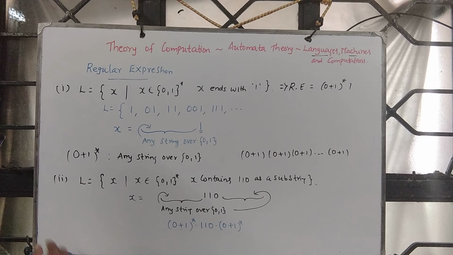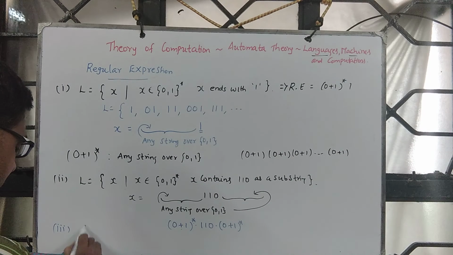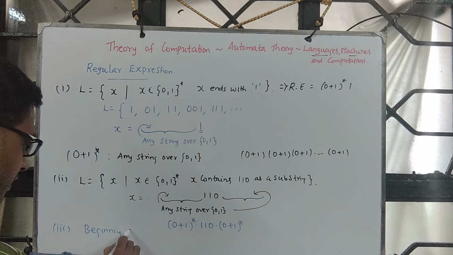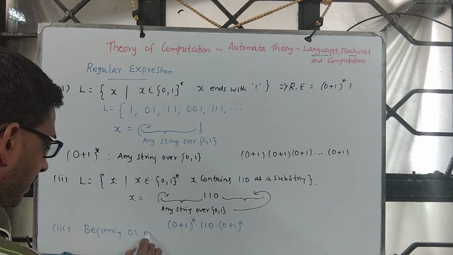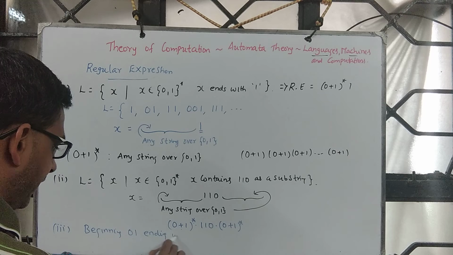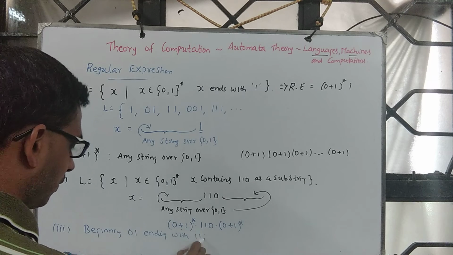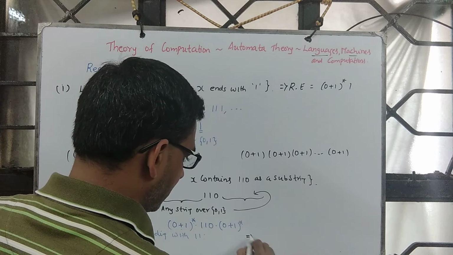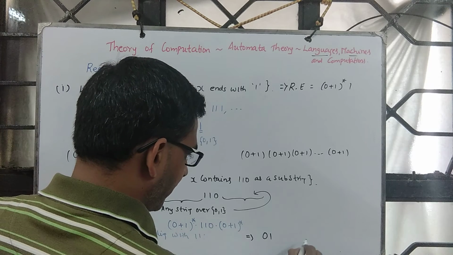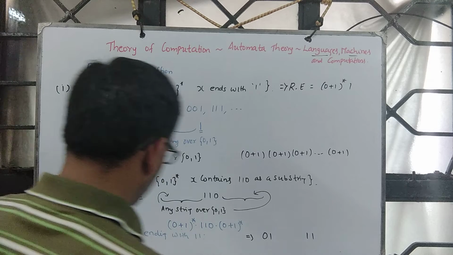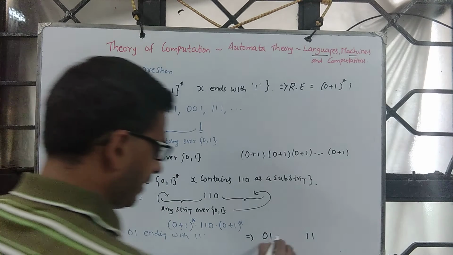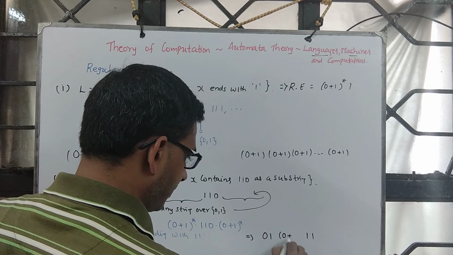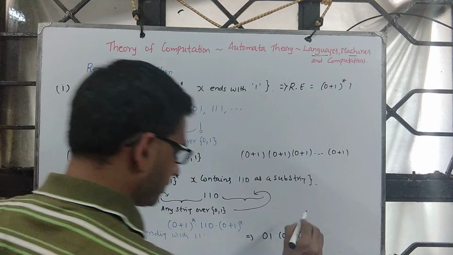So when we say the set of strings beginning with 01 and ending with 11, which means it begins with 01 and ends with 11, in between it can be any string over {0,1}. So we get this.